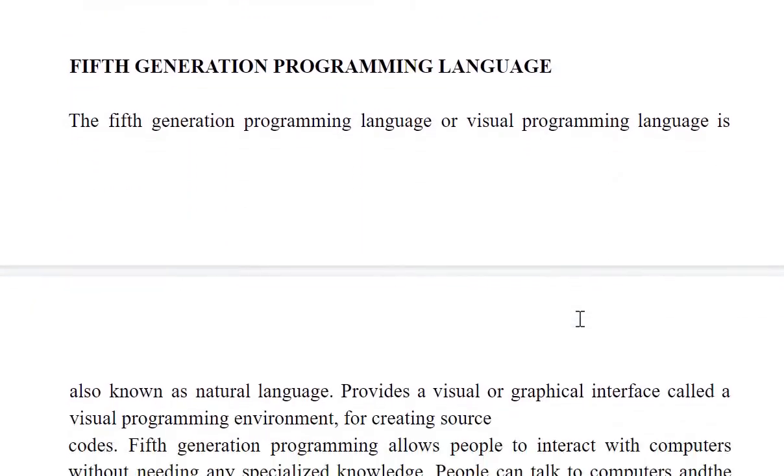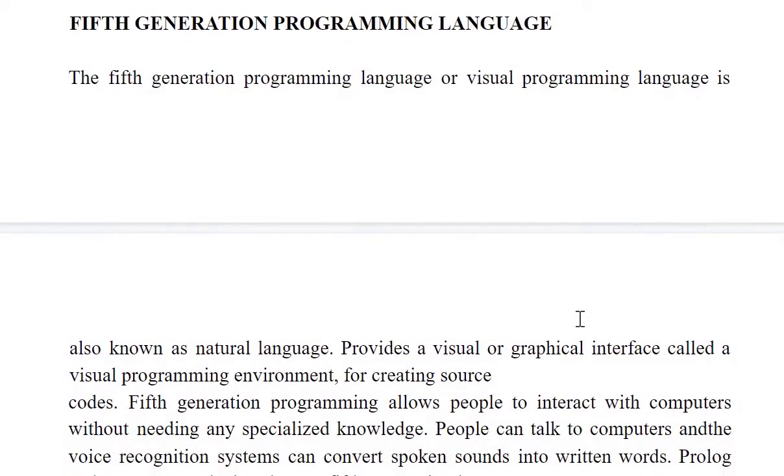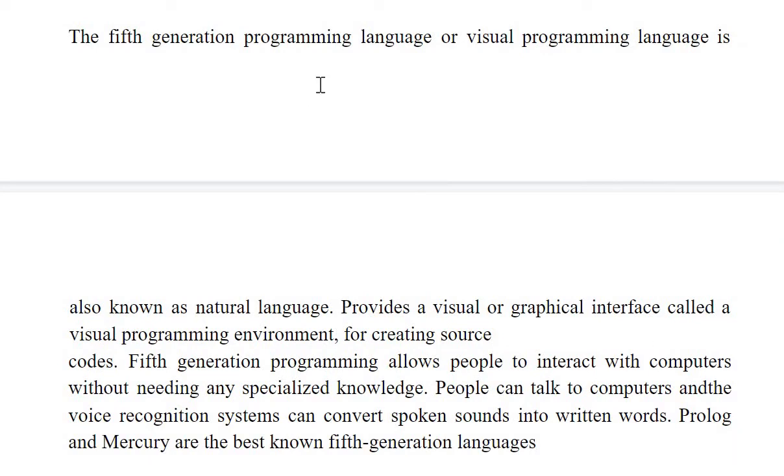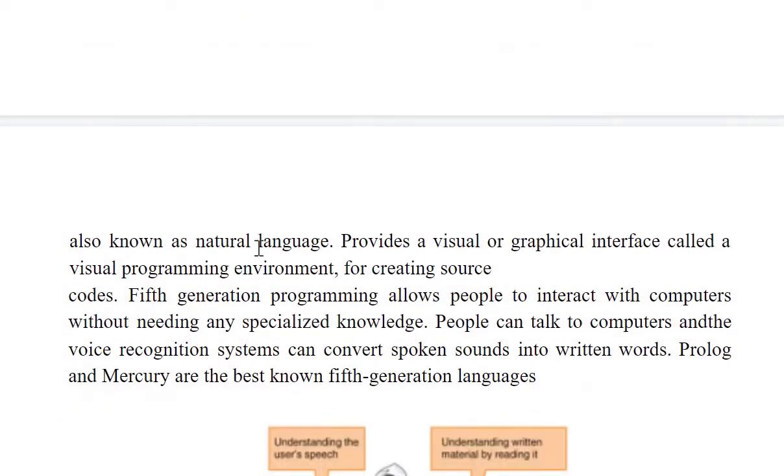Next we are coming to fifth generation programming language. It is also known as visual programming language, and also known as natural language because it is very close to humans. In today's world, Siri or Google Talk are examples of this fifth generation language.